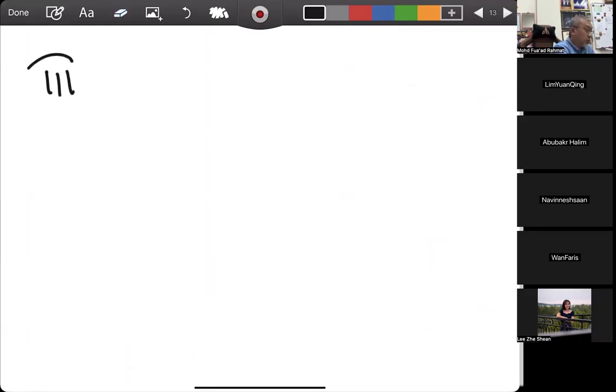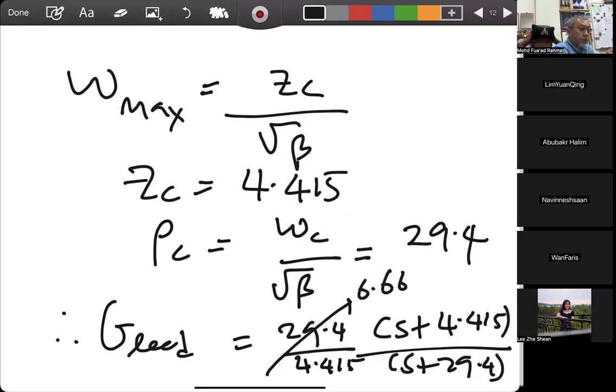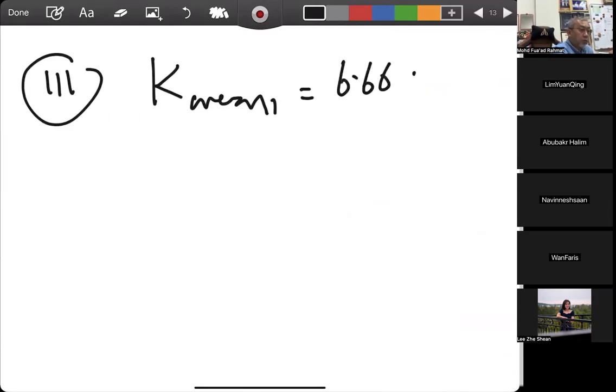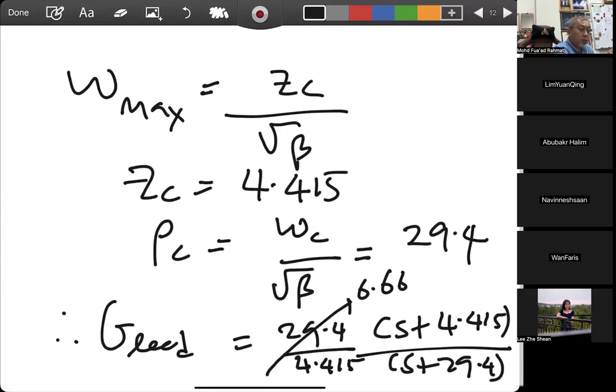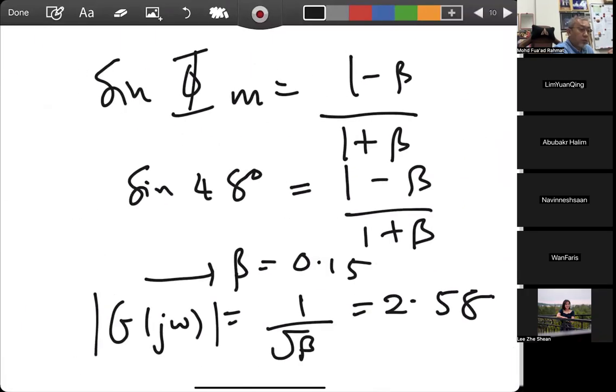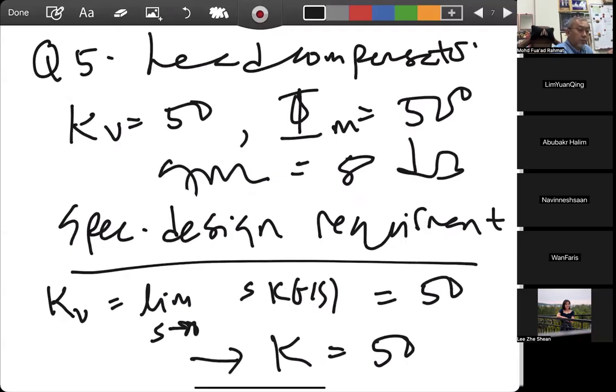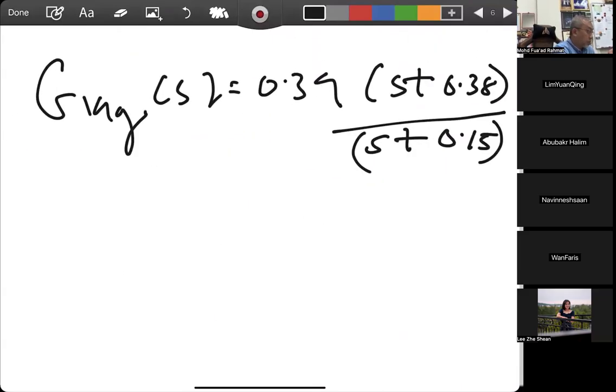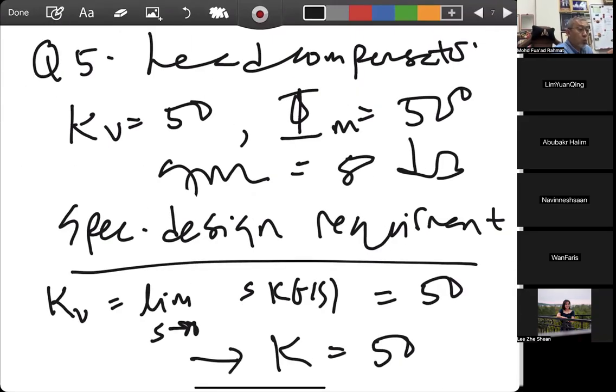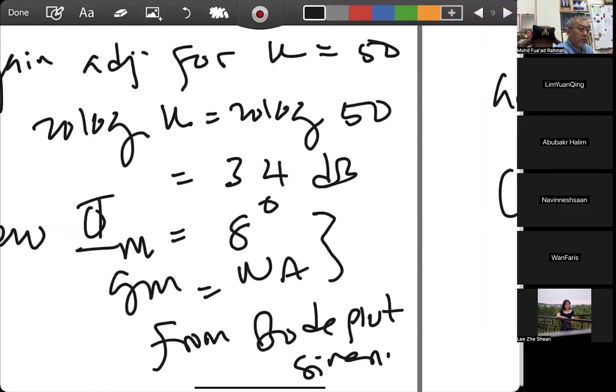So number 3 is to find the new compensator gain, meaning K overall. K overall is the one that you get, 6.66, multiplied by the existing K, which is 50.